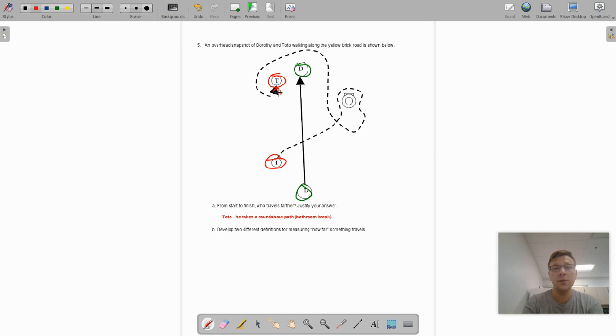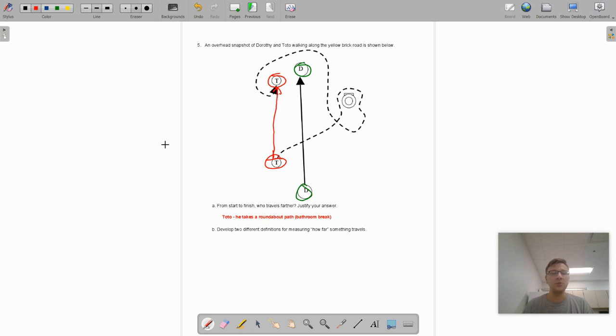The displacement for Toto is the red line that I just drew, the straight line distance between Toto's starting and ending position. So you can see that Dorothy's line is larger, meaning that Dorothy has a larger displacement. However, Dorothy covers less distance.